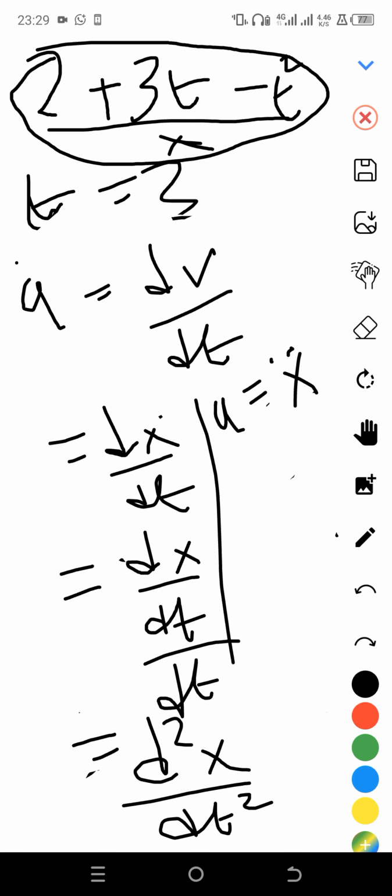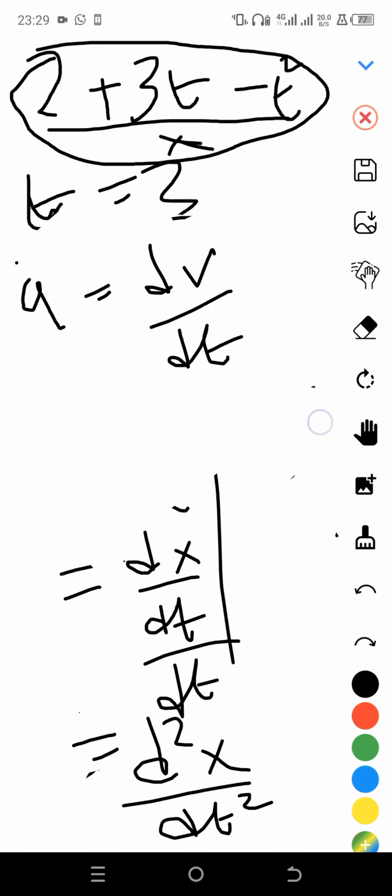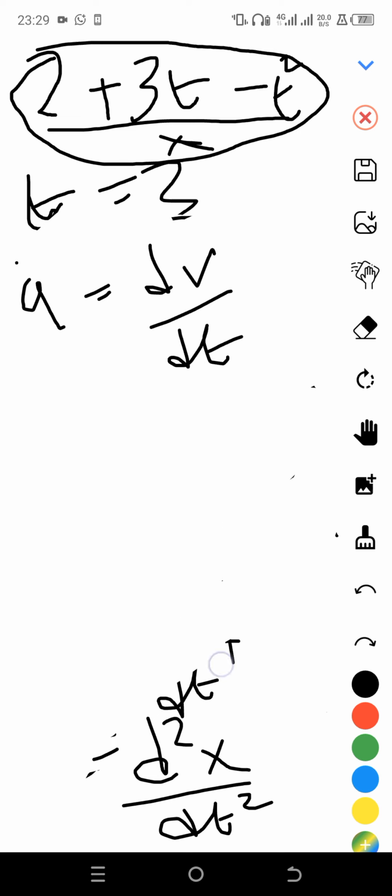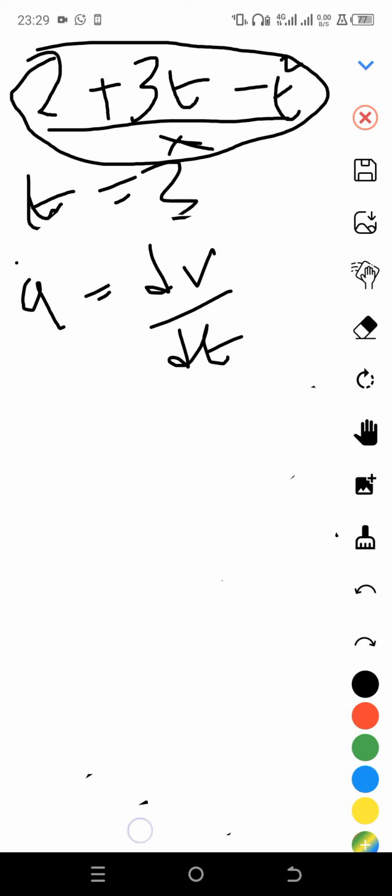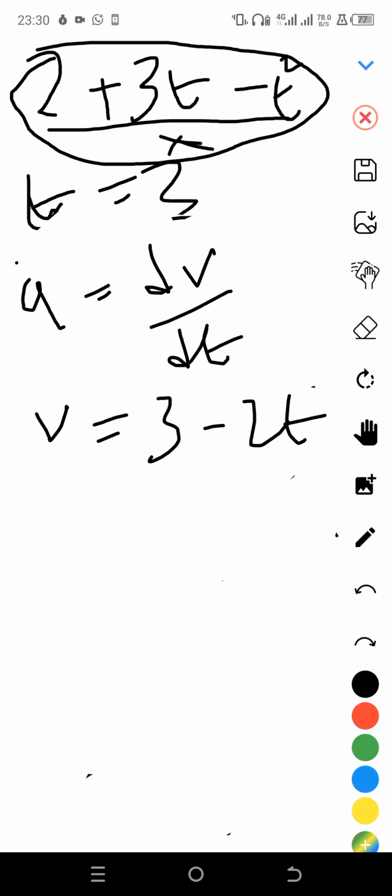Okay, now we can take another derivative of that. Since we took the first derivative, without wasting much time, we know that v is 3 minus 2t. So we are going to take another derivative, v equals 3 minus 2t.